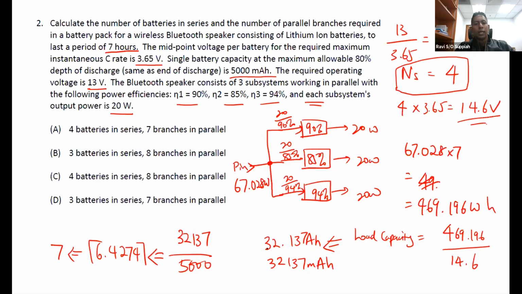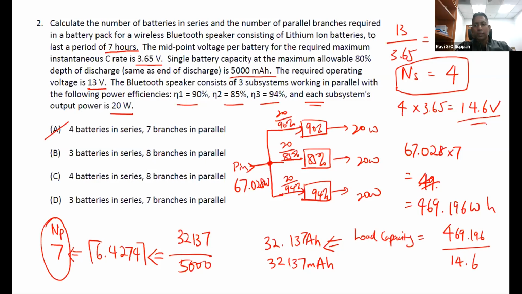That means I need 7 branches in parallel to provide me with the current, and within each branch I need to have 4 cells in series to provide me with the voltage. So this is your NP, number of branches in parallel, and number of cells in series. So the option here is option A. So that is for this question 2.